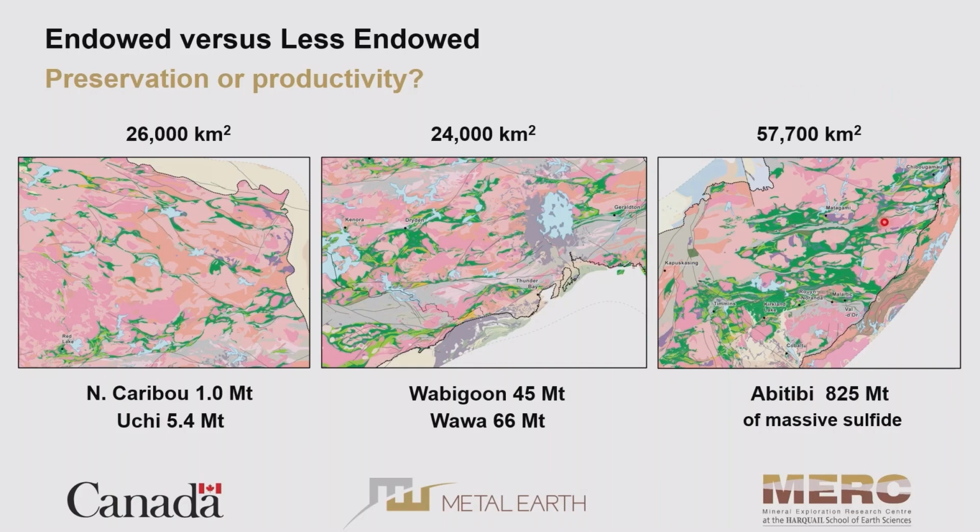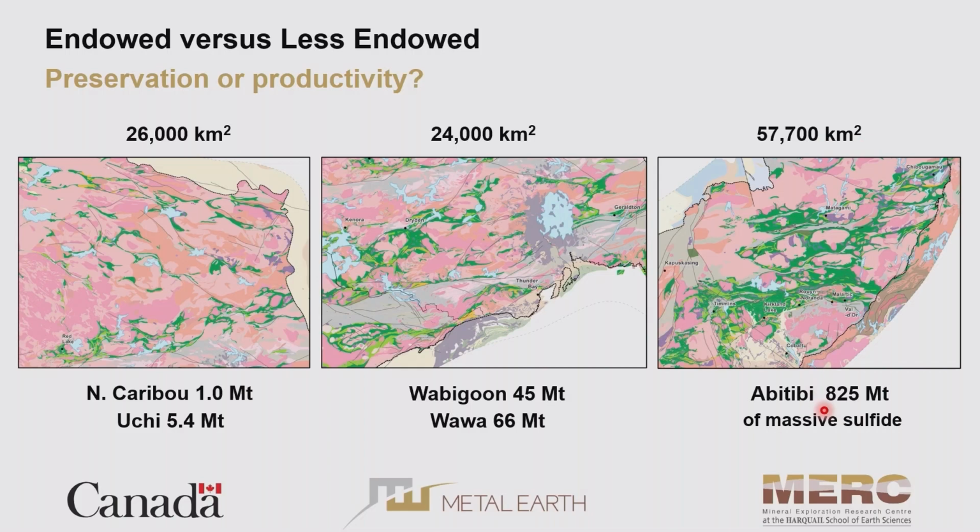The first thing you say is, well, that's just preservation, which is probably true. But there's this other issue which just came up in the last couple of talks: there's maybe 2 or 3 times as much volcanic rock in the Abitibi, but there's at least 10 times as much massive sulfide deposits. So it's hard to explain that difference away simply by preservation as opposed to productivity.